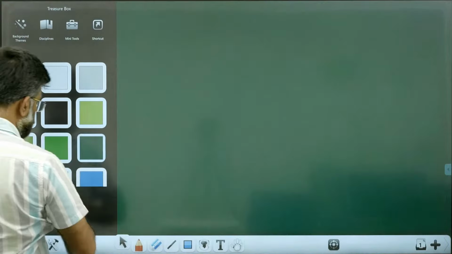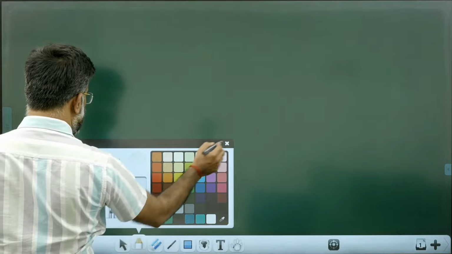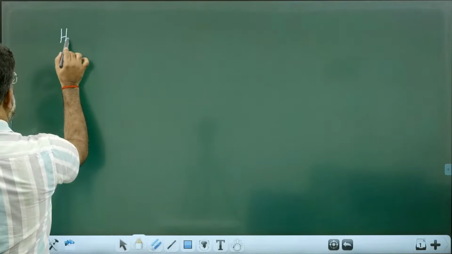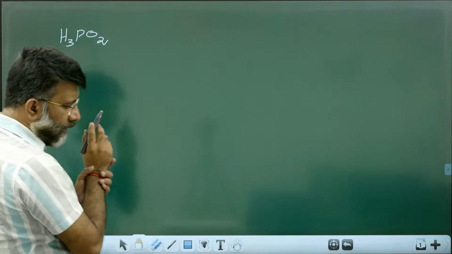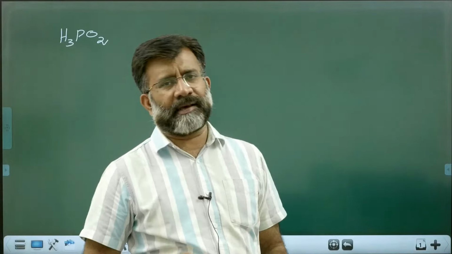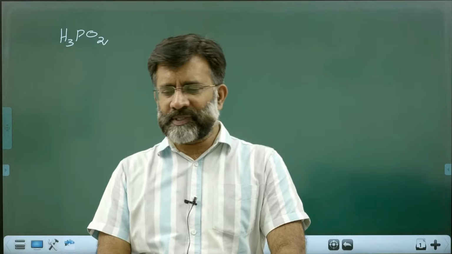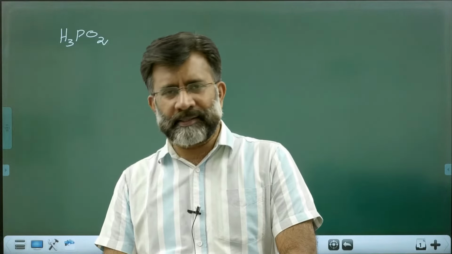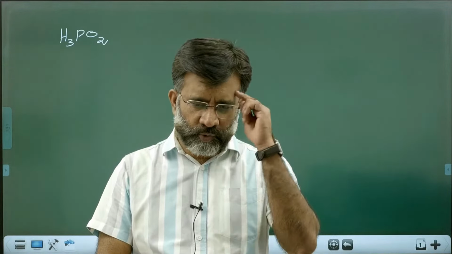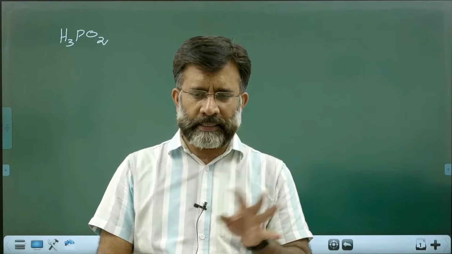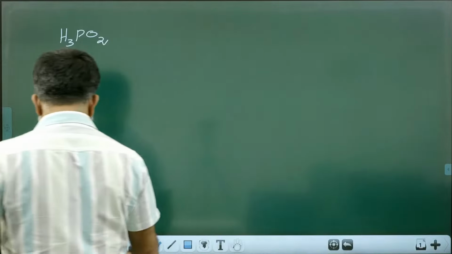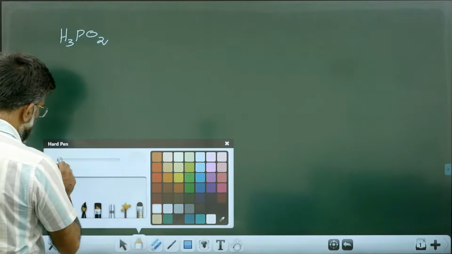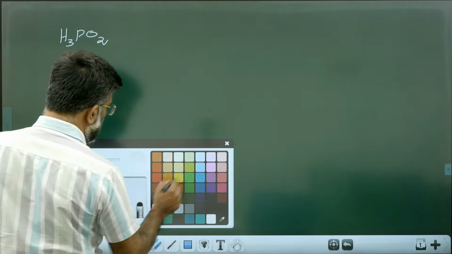H3PO2. See, learning the structure of these acids is very important. I would say you should not learn the structure by heart. You must use your logic to learn the structural entity. Please try to understand. Normally they will make a tetrahedral arrangement.